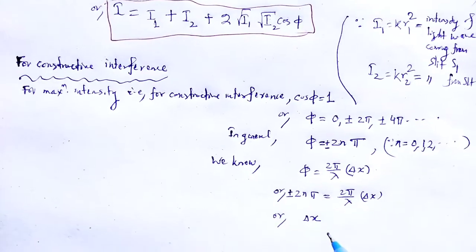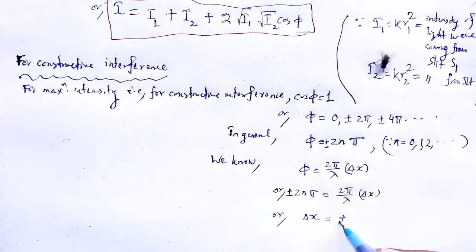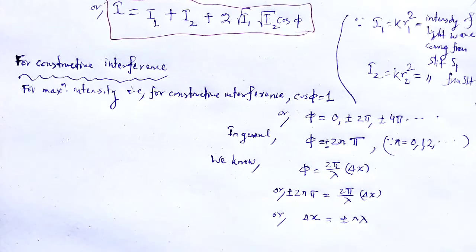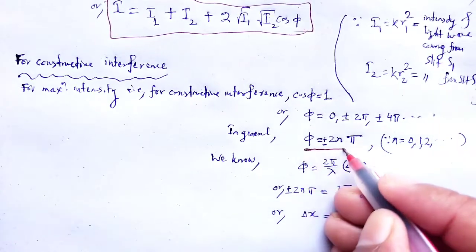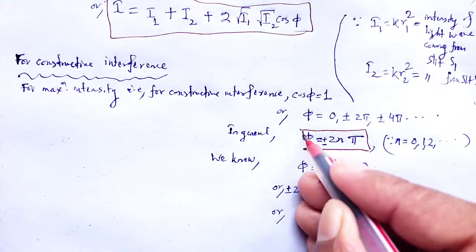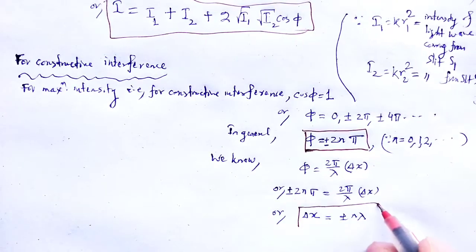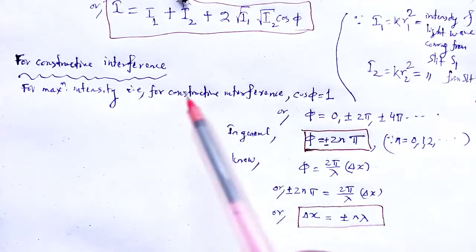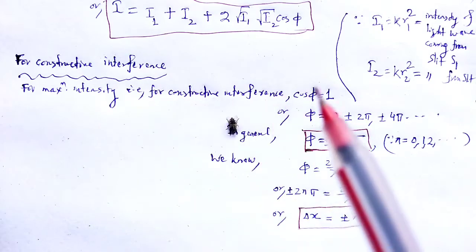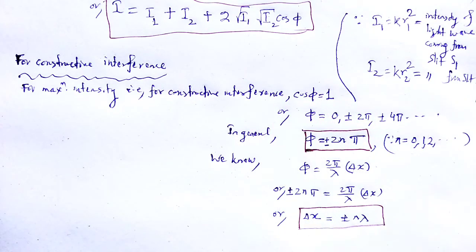So Δx is equal to ±nλ. Here φ is equal to ±2nπ. Here Δx is equal to ±nλ for maximum intensity, meaning for bright light.